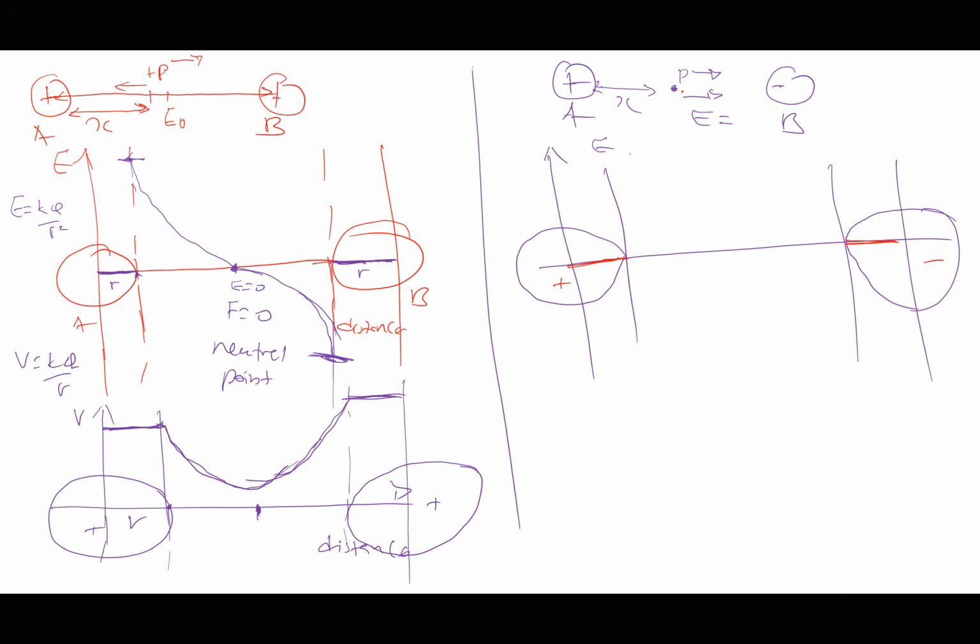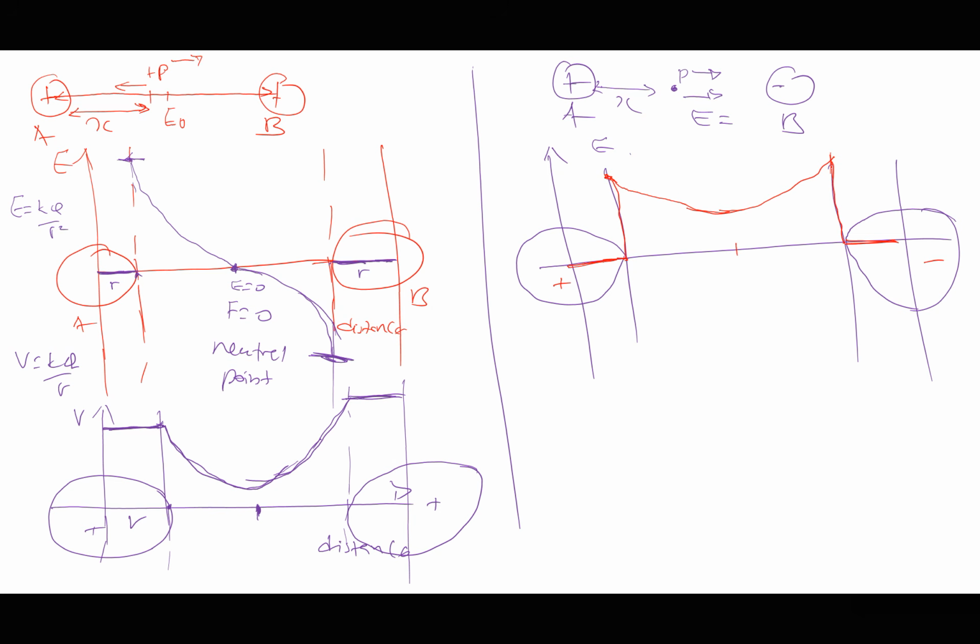As I get to the center, E may reduce, but then it increases again as I get to the other charge. So this will be a graph looking like this. It will be minimum at the center, and then it increases to the maximum when you get towards the negative charge.